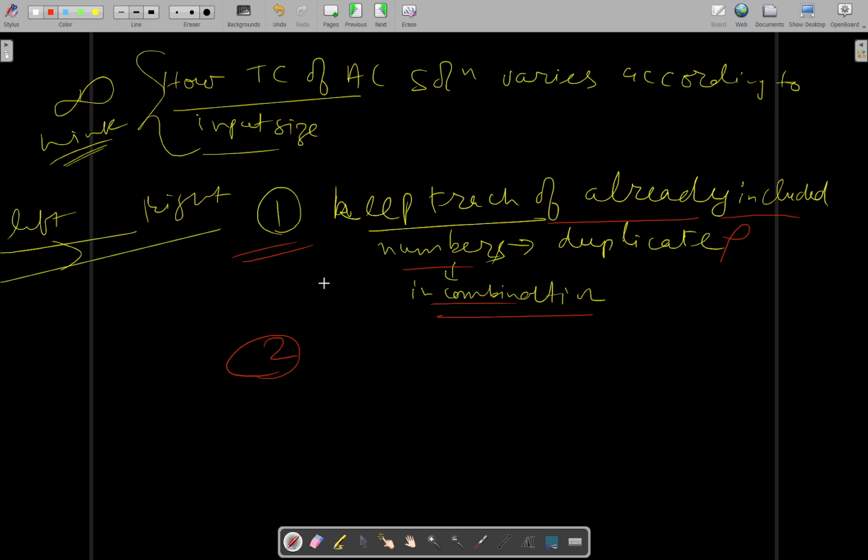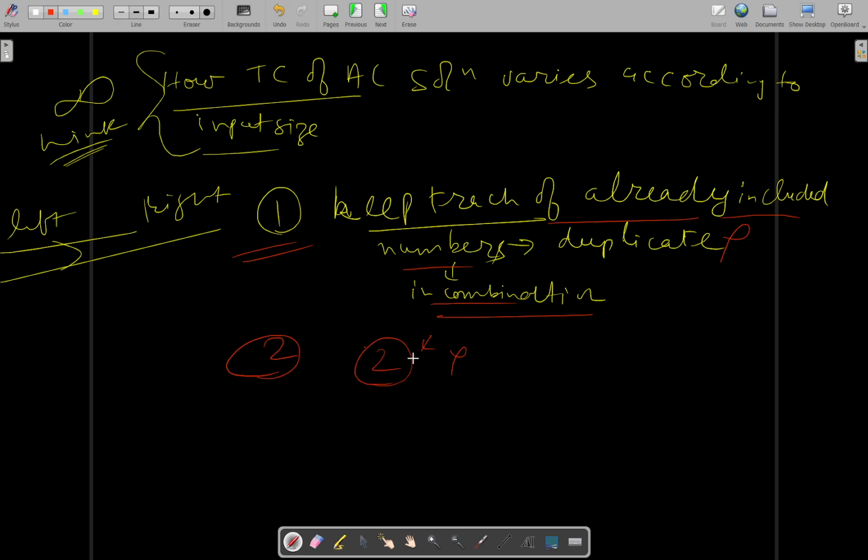Another is, since the order does not matter, if there are no duplicates, your order will be the same. So if a number is already included, and you try to include it again, it should not be allowed.